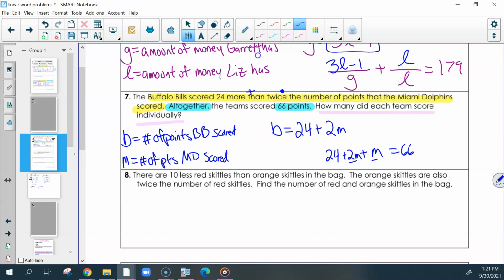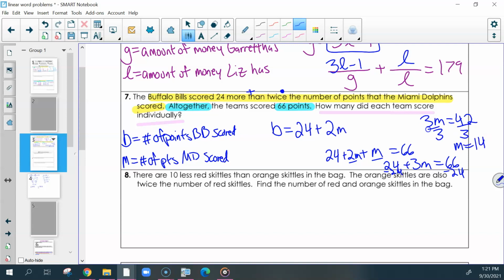I could combine my terms. And then I'm getting M by itself, so subtract 24 on both sides. Running out of space. We have 42 over here. Divide both sides by 3.